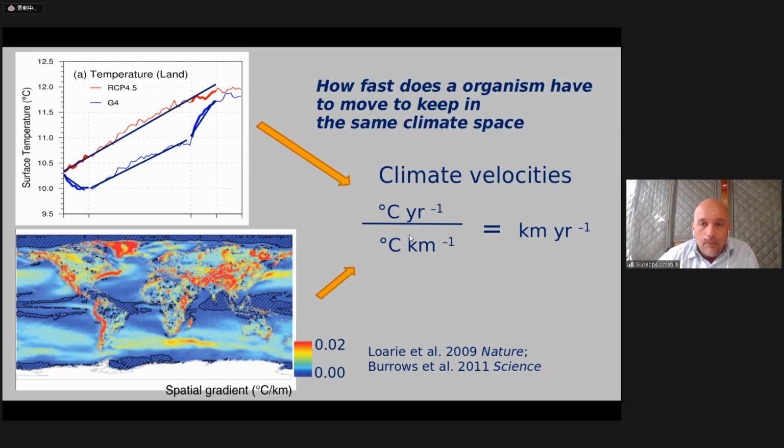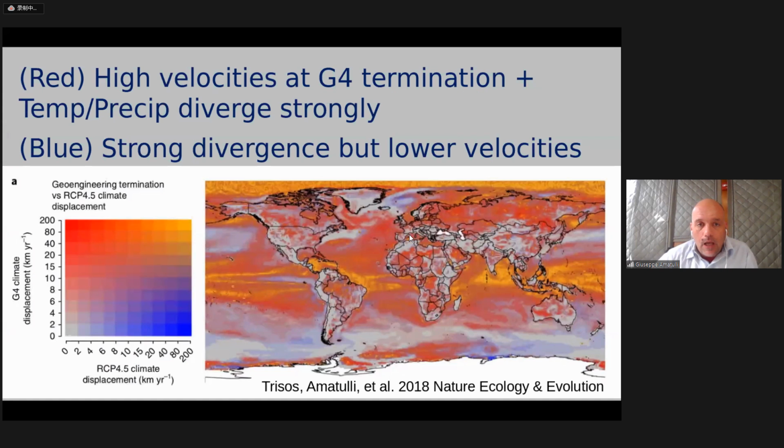So we mapped this climate velocity, and as you can see in this slide, we have this bivariate map that really shows what was happening in terms of termination. In case of termination, you have a climate velocity that is much faster than the usual climate change.